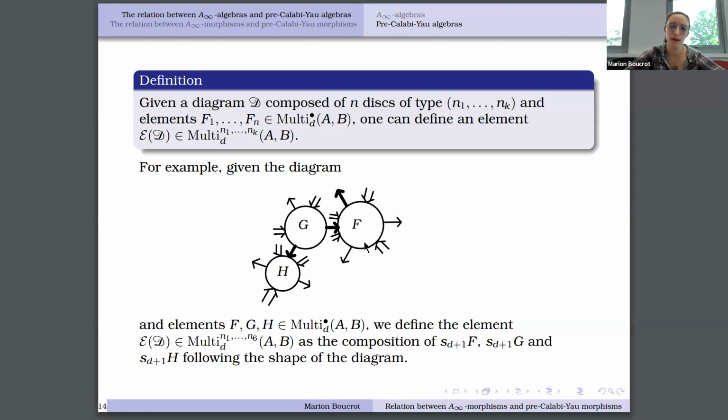Then I will apply F on all the elements in the incoming arrows, and I will do the same for H. Here I don't have any more labeling by integers of the outgoing arrows, because by convention I will take the bold output of the diagram to be the last one.